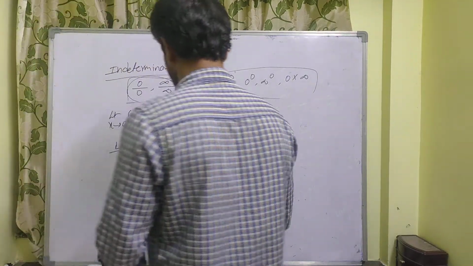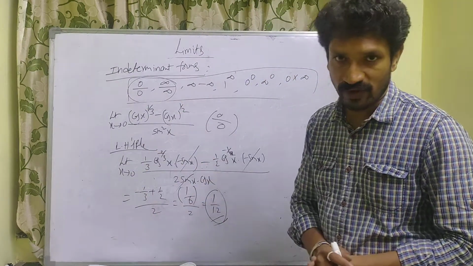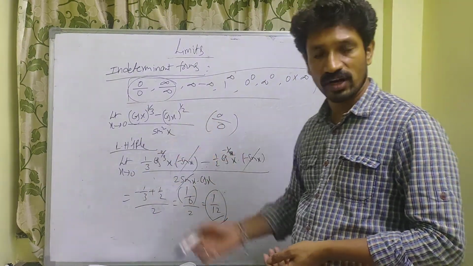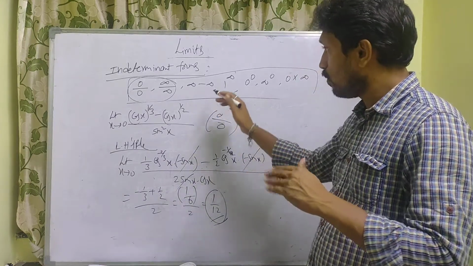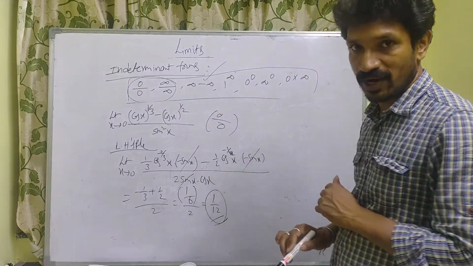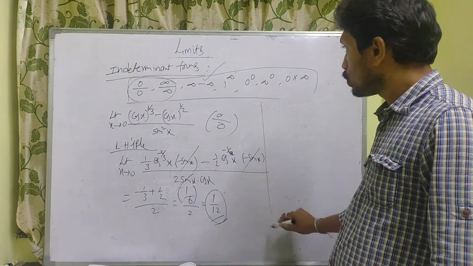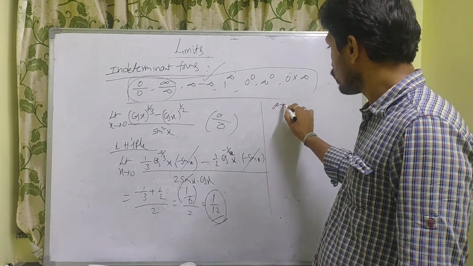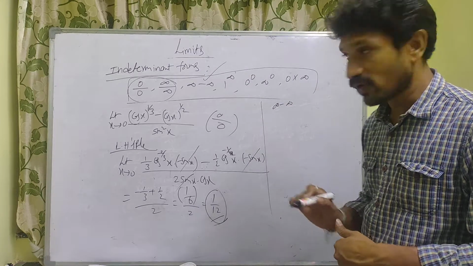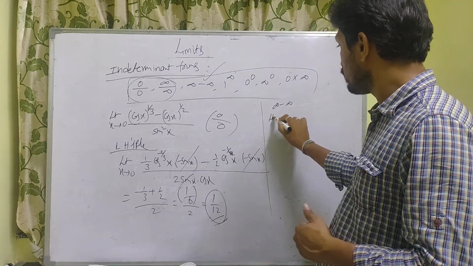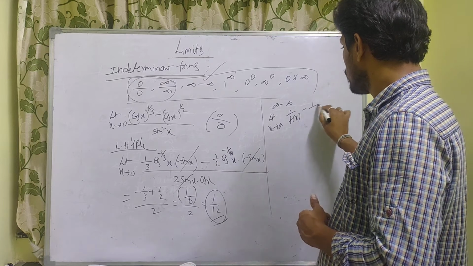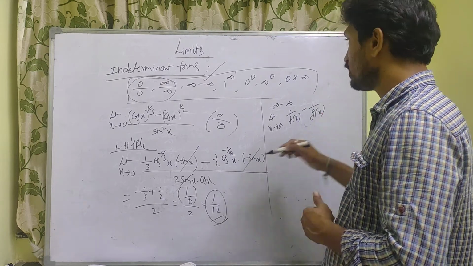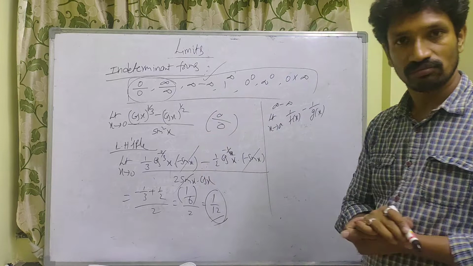This is the example for 0 by 0 form or infinite by infinite. Whenever you have infinite by infinite also, we should do like that. If you have another form, infinite minus infinite, when the function is limit x tends to a of 1 by f of x minus 1 by g of x, then you get this form.